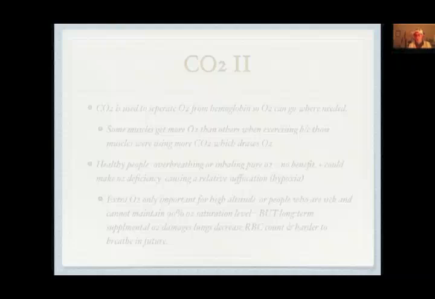Okay, so if you're sprinting, obviously your legs are going to need more oxygen than your arms or your neck muscles or your back muscles. Okay? Healthy people, overbreathing or inhaling pure oxygen has absolutely no benefit at all.